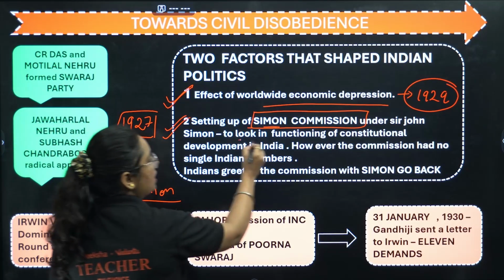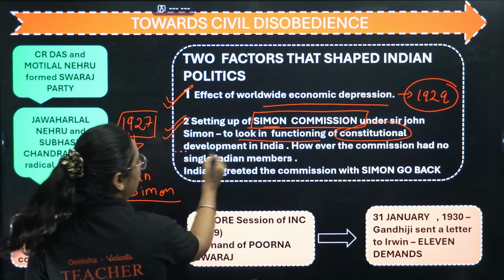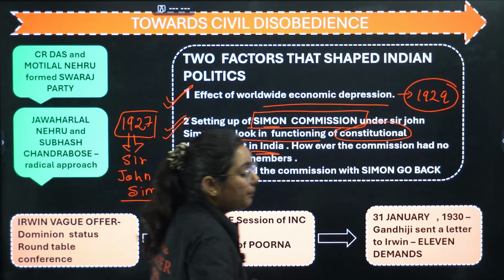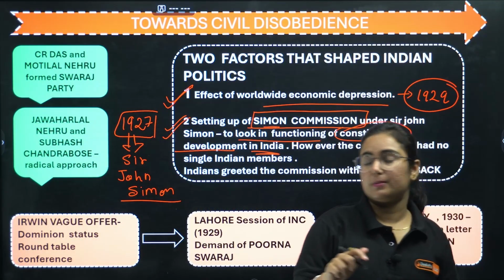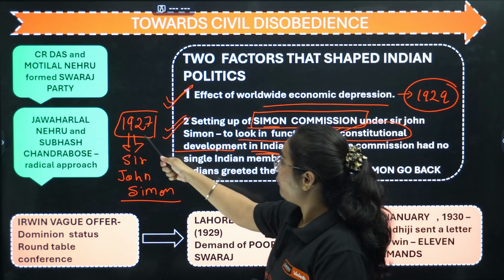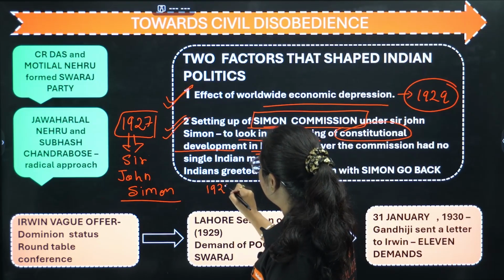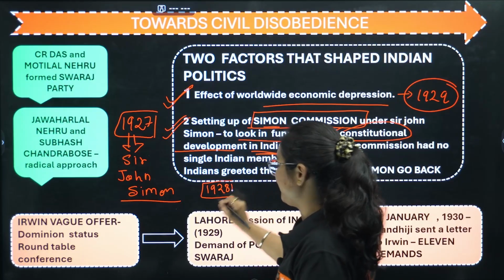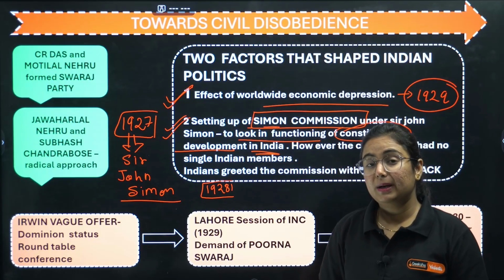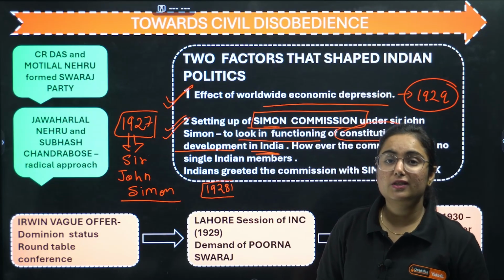To look into the functioning of constitutional development in India, people were not happy with this commission. Though this commission was formed in 1927, it came to India in the year 1928. And people just opposed the entry of this commission.